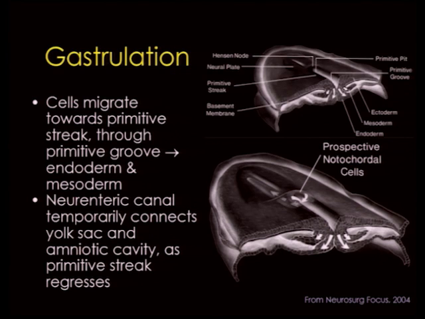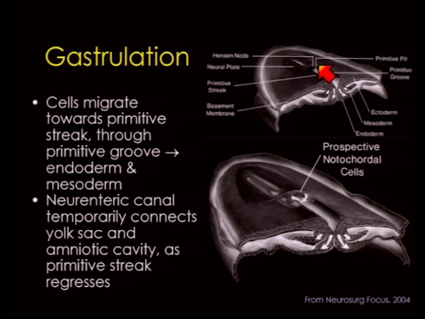But let's talk a little bit about that process of gastrulation. Right, so you all started off as a single layered organism. And in order to become trilaminar, these cells have to migrate toward the primitive streak. Then they have to go down into the primitive groove. And some of them go right under the top layer and become mesodermal. And some of them go all the way under and become endodermal.